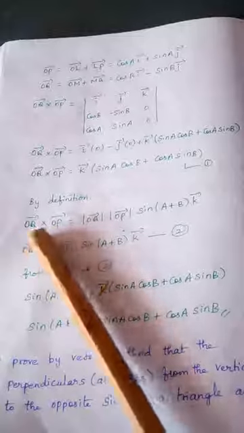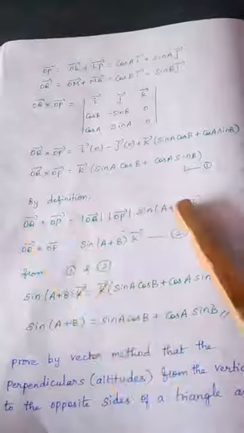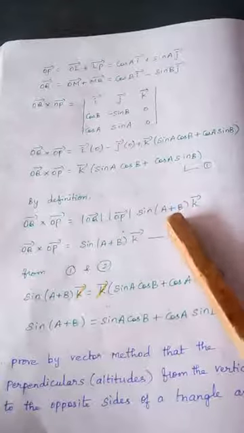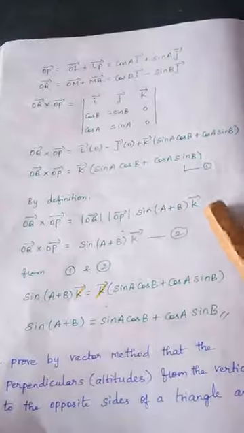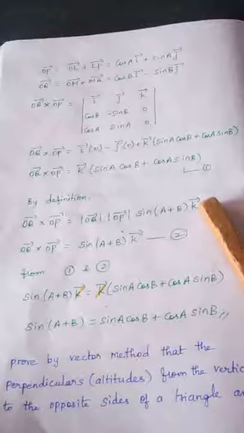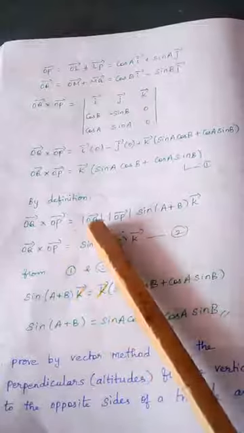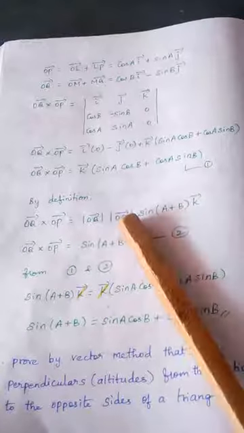By definition, we know the formula for cross product. Modulus OQ, modulus OP, sine of the angle between OQ and OP, which is A plus B. So in place of theta, put A plus B. In place of n cap, use k vector, because k vector is perpendicular to both. So OQ cross OP is equal to this, and this will become 1 because of the unit circle.